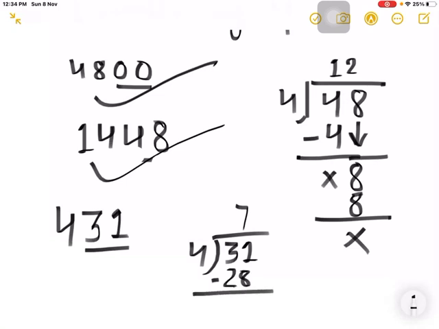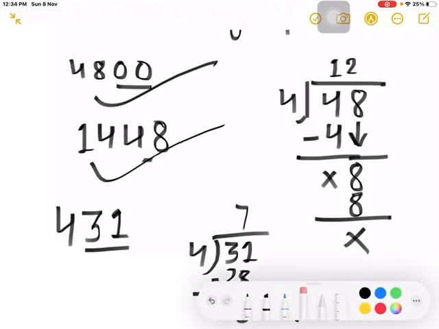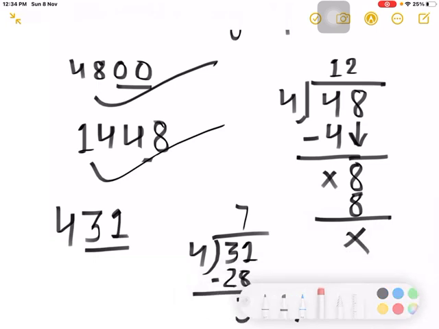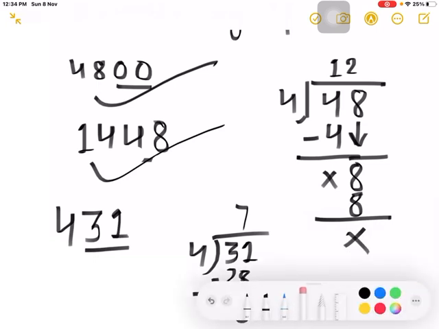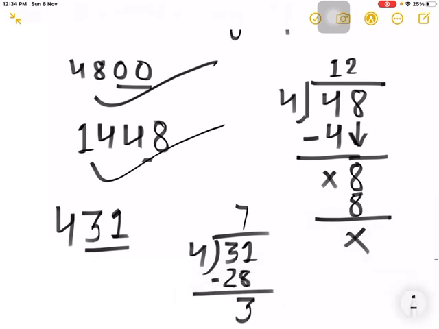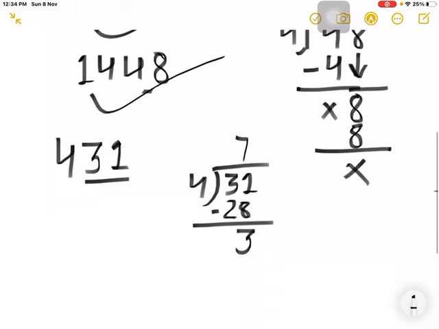Subtract. 3 is the remainder. So here it leaves a remainder, isn't it? It leaves a remainder, which means 431 is not divisible by 4.